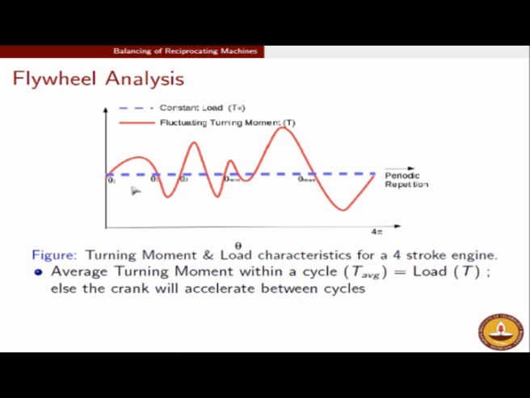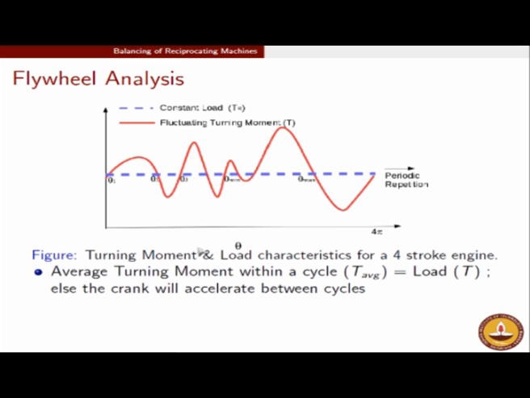The angular velocity across the cycles will remain the same, but within the cycle, because the fluctuating turning moment is not able to match up with the constant load torque, within the cycle this balance is not maintained in reality. However, we do not feel an appreciable fluctuation of this speed despite the turning moment not balancing the load torque, because our analysis tells us unless the turning moment balances the load torque, there will be fluctuation in speed.